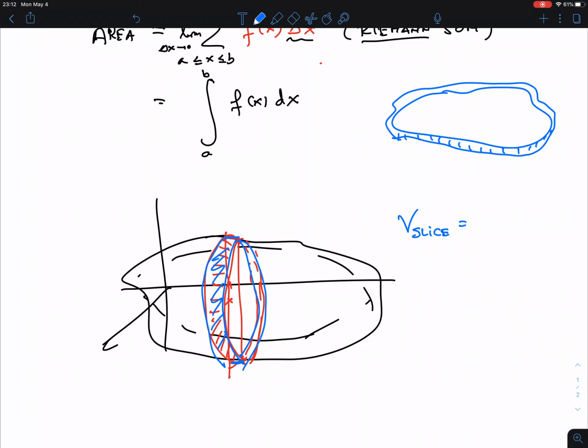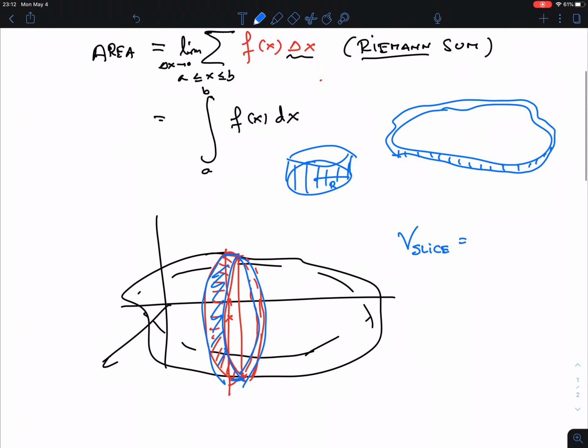Now it's a cylinder, so what is the volume of a cylinder? If it would be a true cylinder, then it would be something like this, right? The formula is, you have a radius r, and you do pi r squared, that is the area of the bottom part, which is also the same as the top part, and you multiply this with the height.